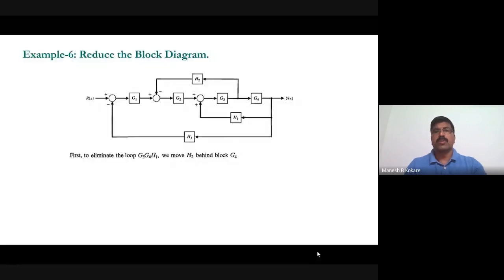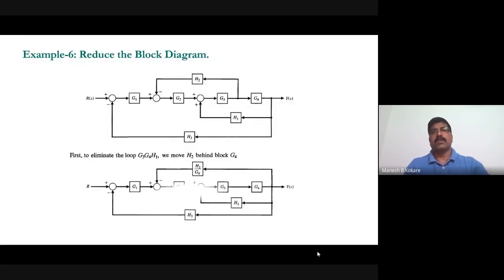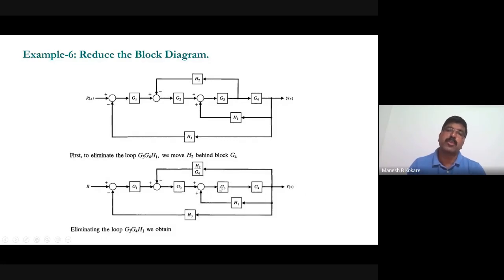Since the feedback is positive, the transfer function of that block will be Z3 Z4 divided by 1 minus Z3 Z4 H1, because it is a plus sign. So you'll get one block here, and that block will be in cascade with this one.